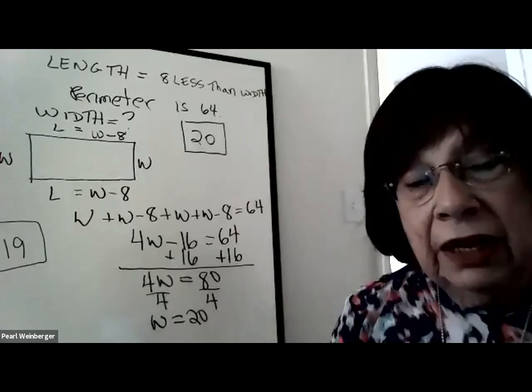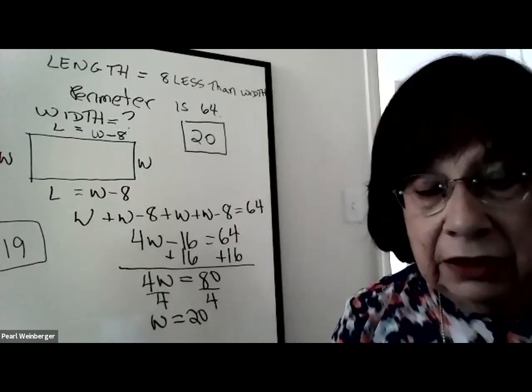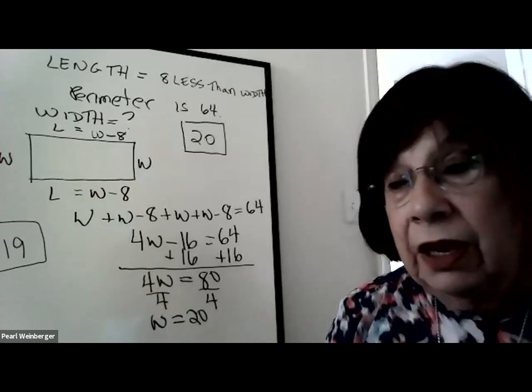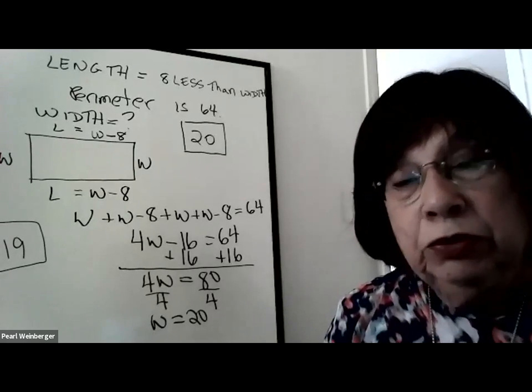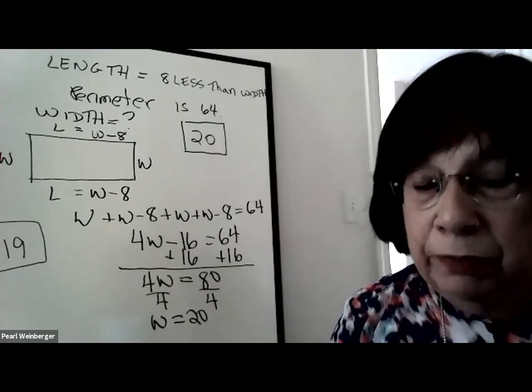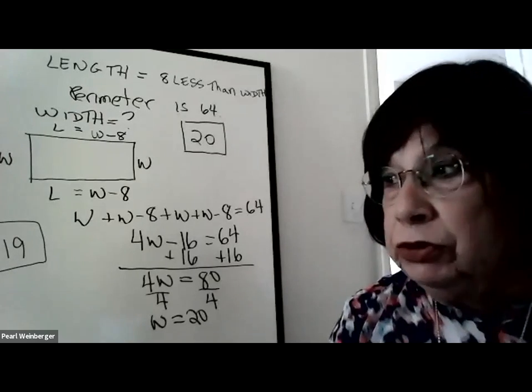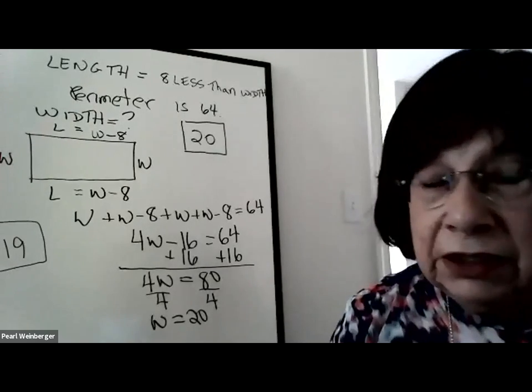In addition to that, I will assign certain examples on Delta Math to be like a quiz, which will give you only one time. You'll be able to do the example only one time. Usually, if you don't get it right, you can do it a second time.